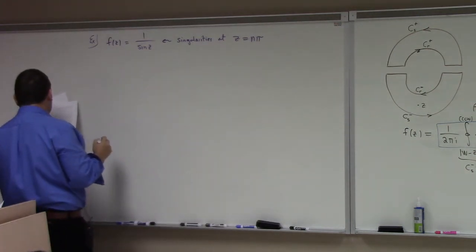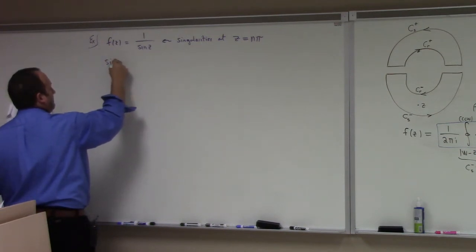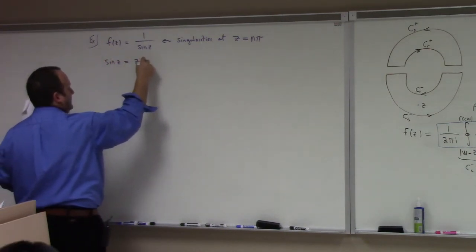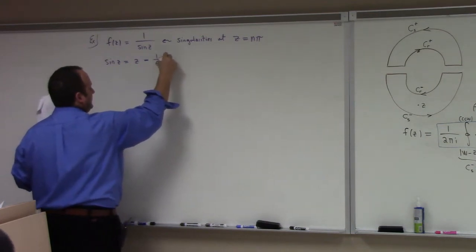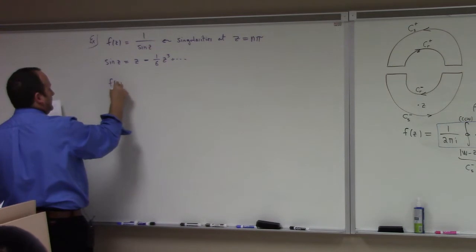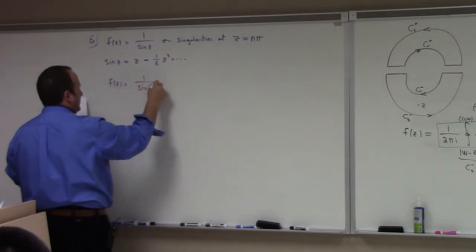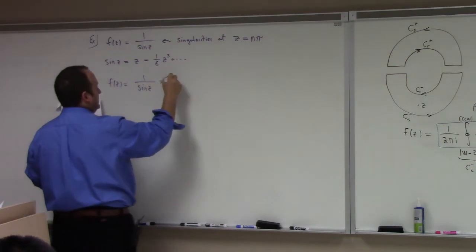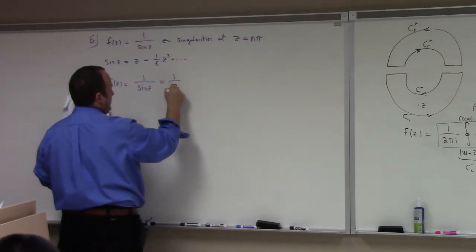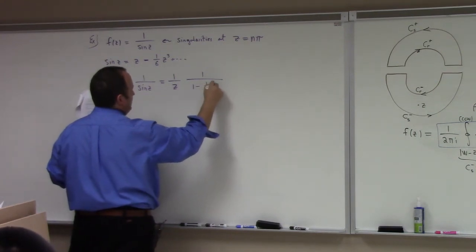So we could do sine of z is z minus 1/6 z cubed. And if I want to, I could look at f of z equals 1 over sine z. I could rewrite that as 1 over z times 1 over 1 minus 1/6 z squared.